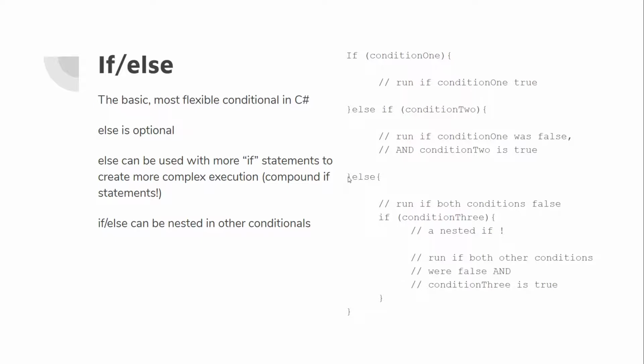And then you can even embed ifs, or nest ifs, inside of other elses. So in any block of code, like for example this last one here, you can always embed another if condition in here. So have if condition 3. This one would only get down here if both of these were not met and this one was met.